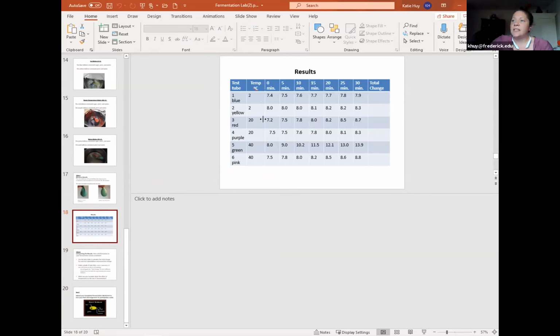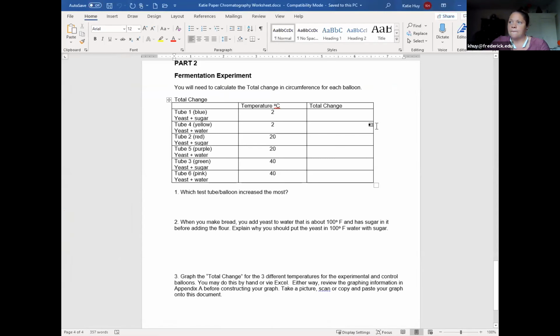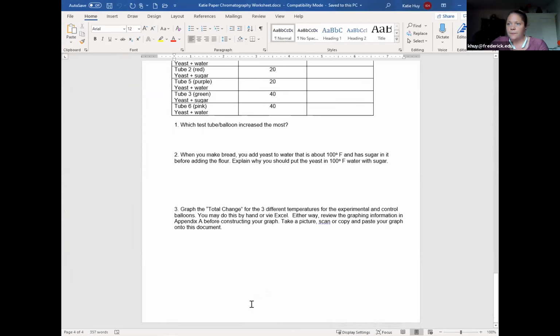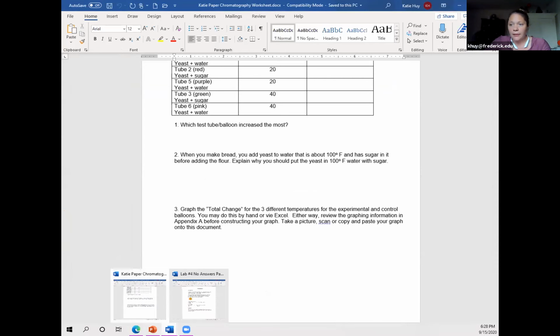So you're going to go from 0 minutes here and look at your 30 minutes here to see what your total change is going to be. You're going to write this column of numbers into this column here on your graph. Answer the questions. And then what you're going to do is make a bar graph.